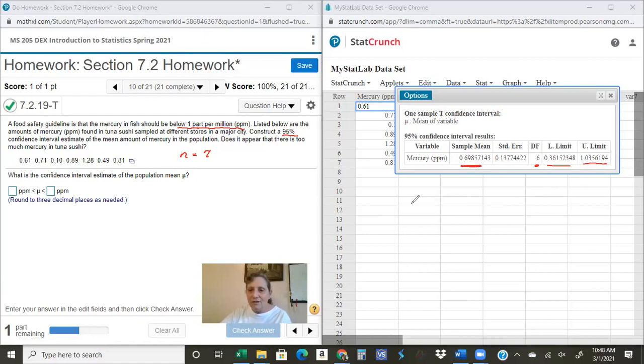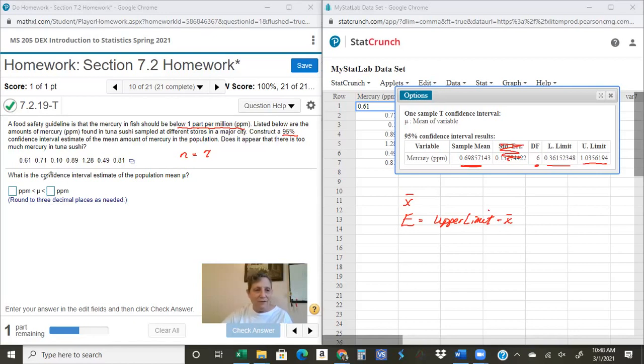If you needed to get the sample mean and you needed to get the margin of error, there's lots of ways to do it, but you can do your upper limit minus X bar. Standard error is not your margin of error. We won't even use that, I'm afraid. But the rest of it's pretty useful.